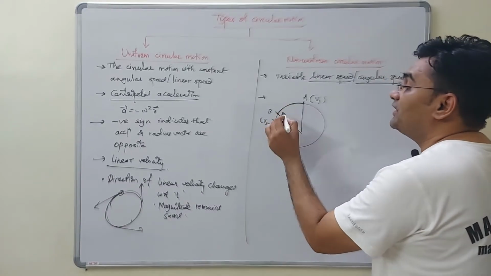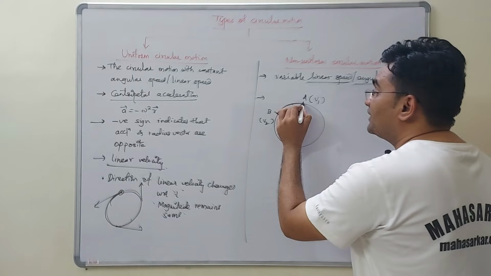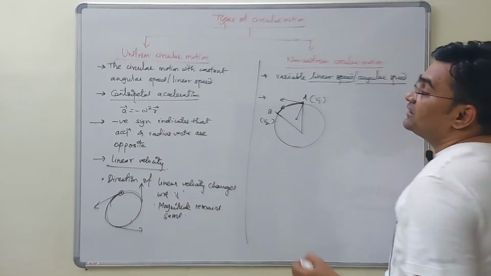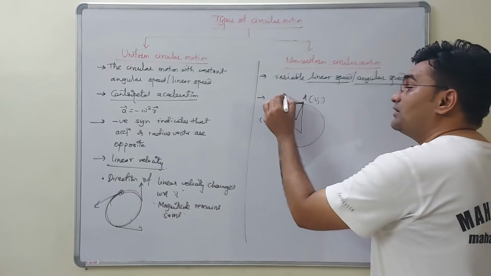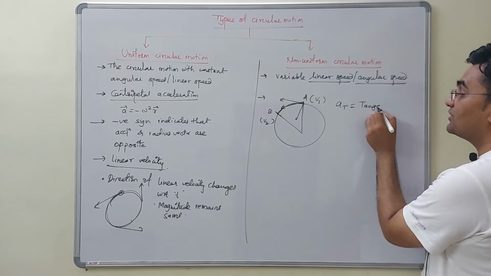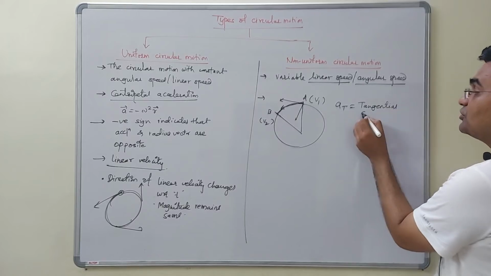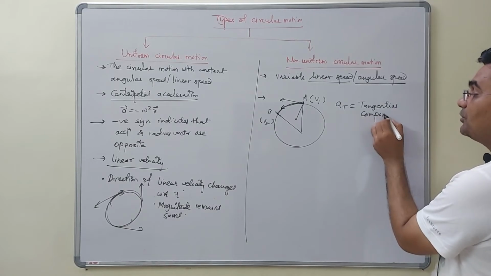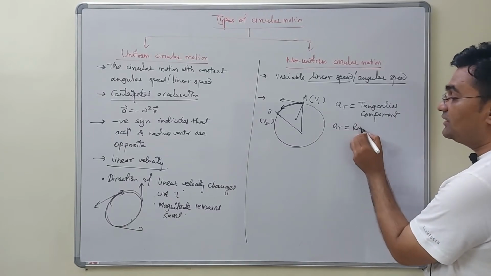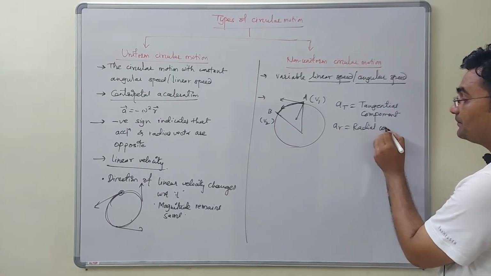Since the velocity is changing, the acceleration also changes. So the total acceleration acting on the object is divided into two parts. The first part is called the tangential component of acceleration, and the second part is called the radial component of acceleration.